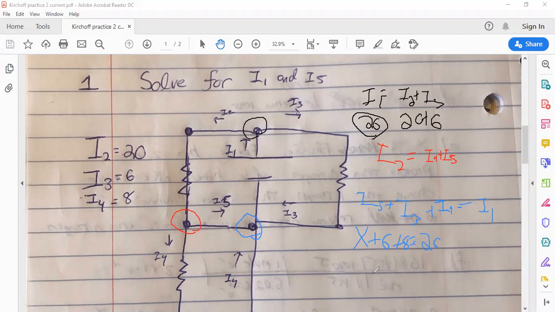We bring it over. 26 minus 14 gets us 12. That's I5. So now we know I5 is 12.